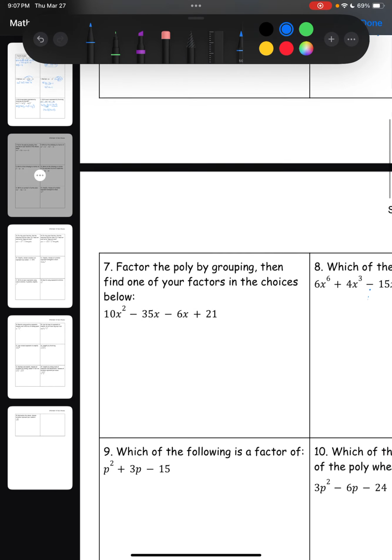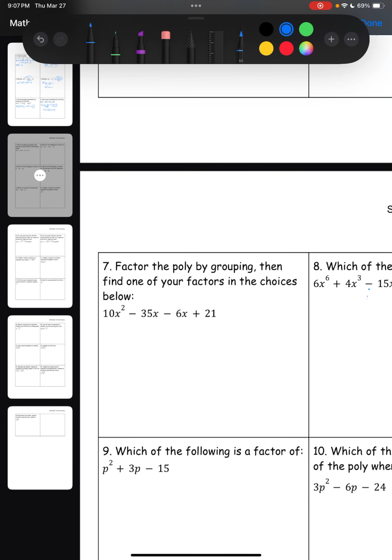All right, number 7. Number 7, factor the poly by grouping. So this is telling you specifically to do the grouping method, so we're going to do that now. With our first half and our second half, what can we take out of that 10x squared and 35? We can take out a 5x, leaving us a 2x minus 7.